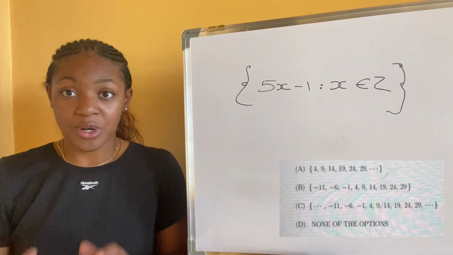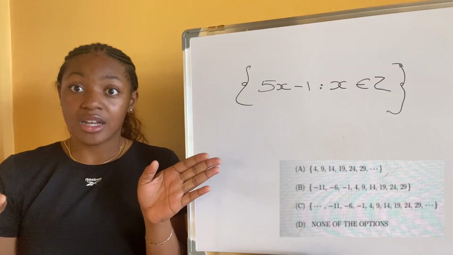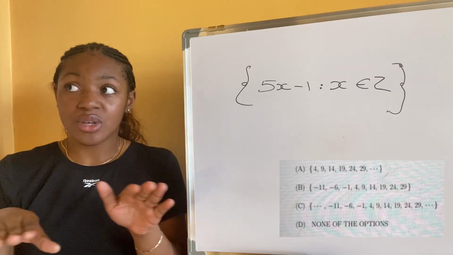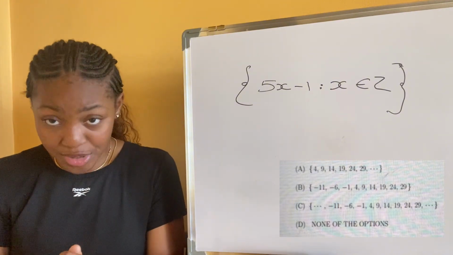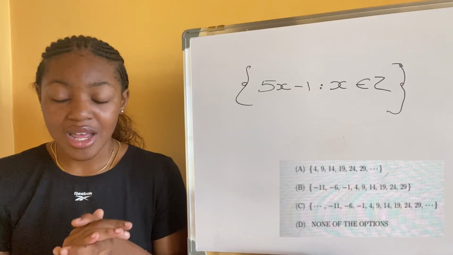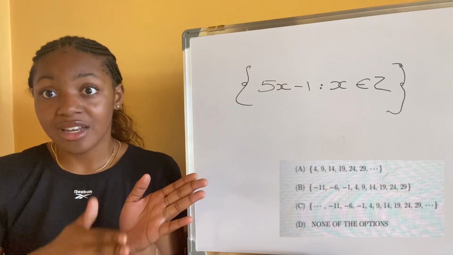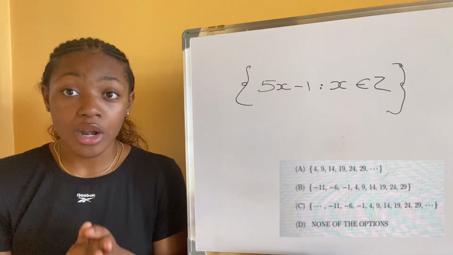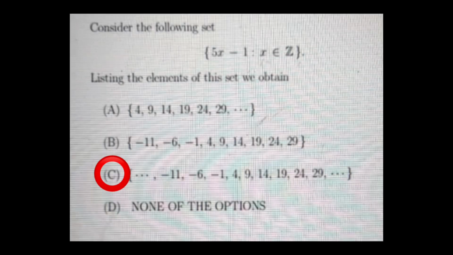So if we're supposed to consider the number line, the negative side and the positive side, for a set of integers, it would go on and on and on. Therefore, we'll have to look for an indication that the set is going on and on the negative side and the positive side. There's only one option that has that, and that's option C. Therefore, option C is our answer.